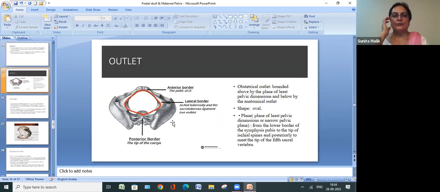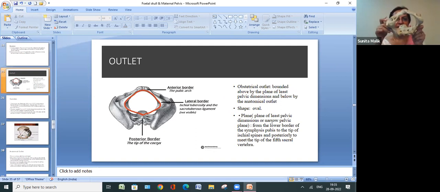Now coming on to the outlet. In the outlet, we have the obstetrical outlet and the anatomical outlet. The obstetrical outlet is bounded above by the plane of least dimension and below by the anatomical outlet. Why do we call it the plane of least dimension, the narrow pelvic plane?